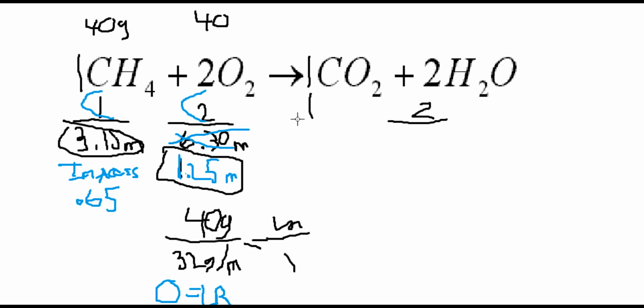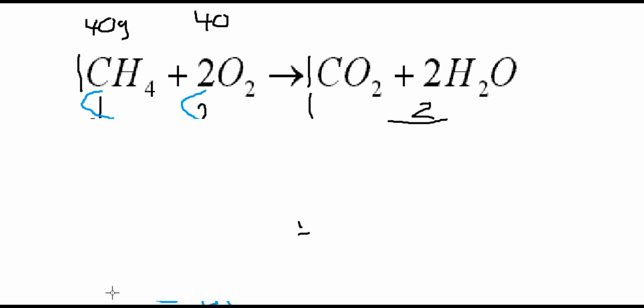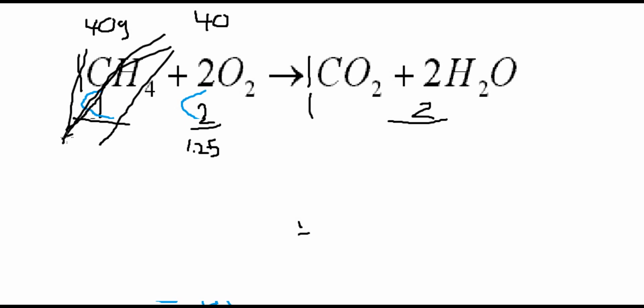That's 1.25. Once we find that oxygen is the limiting reagent, we don't have to worry about CH4. We're done with him. You keep him in the equation, but we don't have to worry about him.